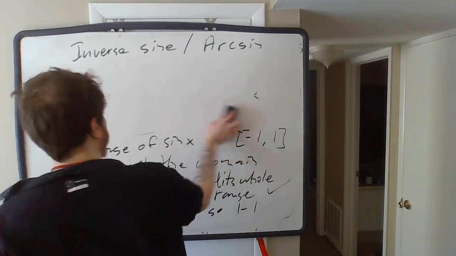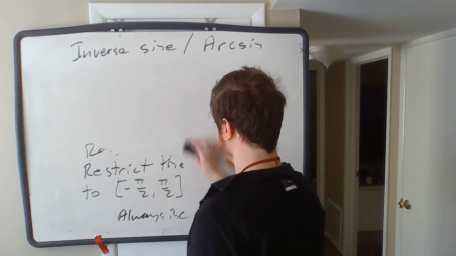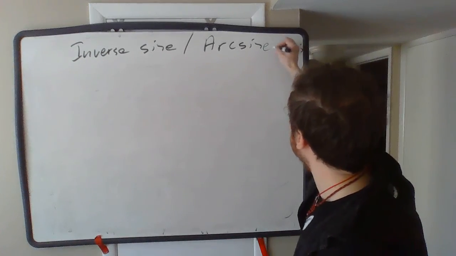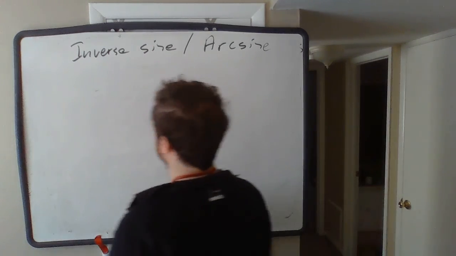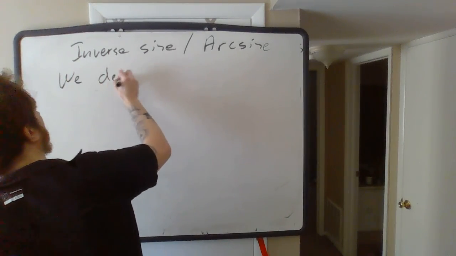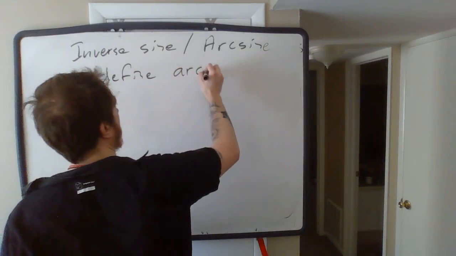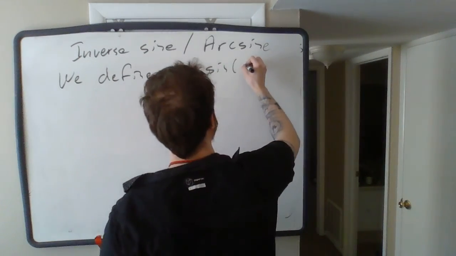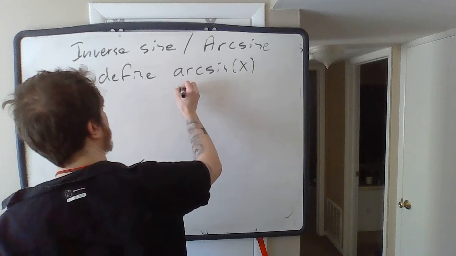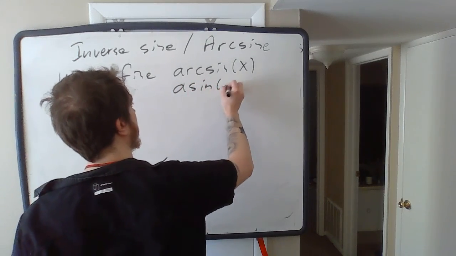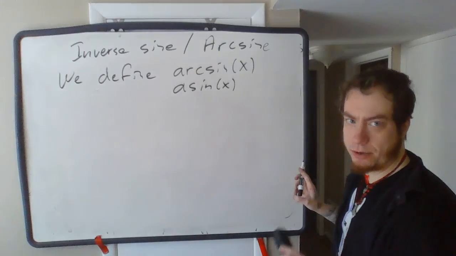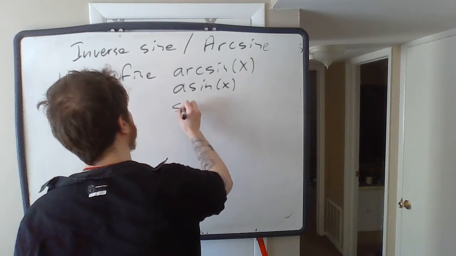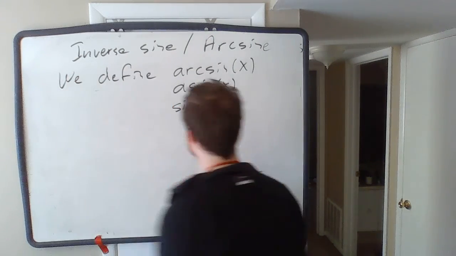So this gives us the definition of the inverse sine or arc sine. Sorry, I don't know why I didn't put the E on there. So, we define arc sine, which is usually just written as arcsin of x, which is also sometimes written as asin of x, and a little bit confusingly, although I kind of like this notation honestly because it's very compact, it is sometimes written as sine inverse of x.